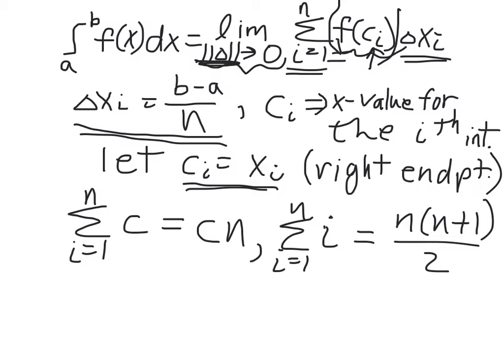Those two formulas will be used after we plug our x sub i or c sub i into the function. Then you have a lot of algebra to work through, a lot of simplifying, and finally taking the limit as n approaches infinity, and that gives you the value of this definite integral.